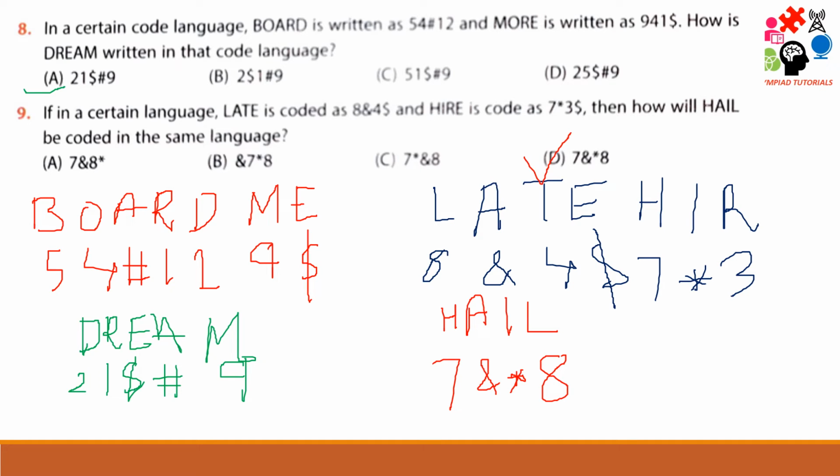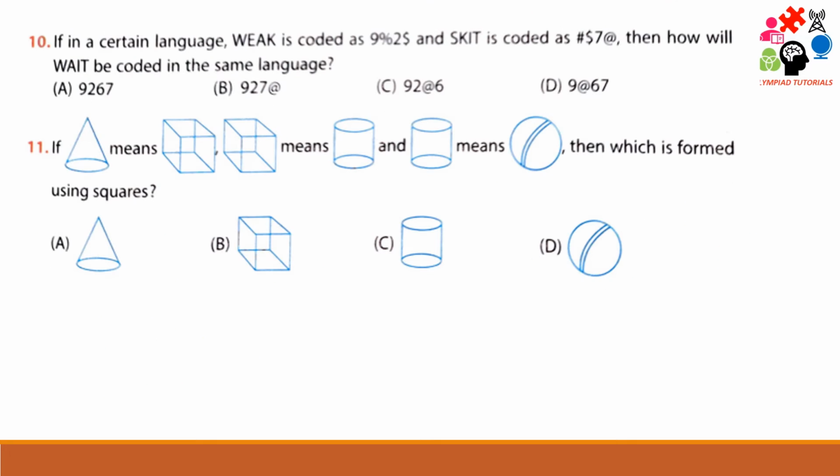Hope you all are solving along with me. So question number 10. In a certain language, weak is coded as 9%$2 and skit is coded as #$7@, then how will wait be coded in the same language? So first of all, let us write down the words which are given.